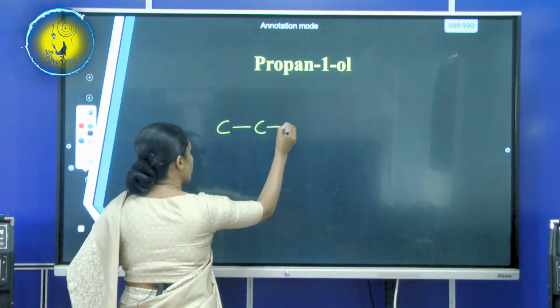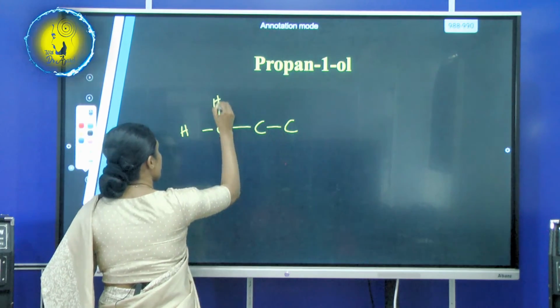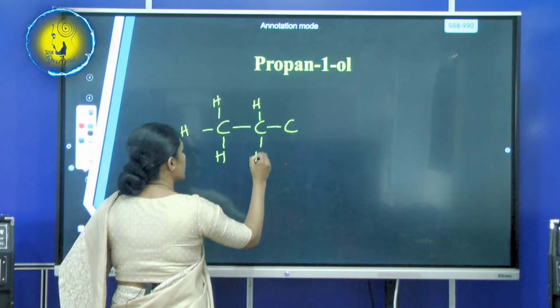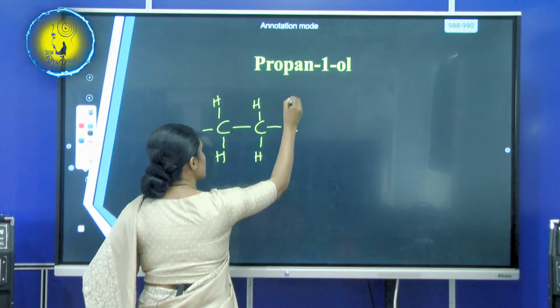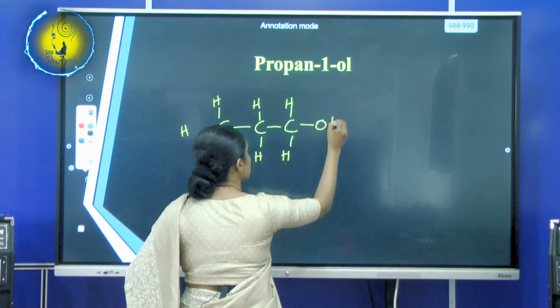This is the displayed formula, right? We have to fill carbon with 4 bonds, right?